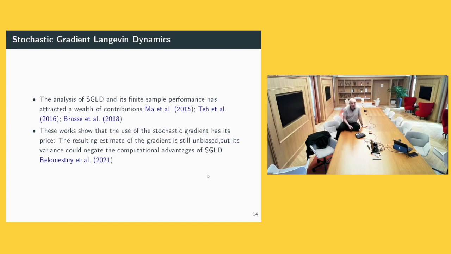We had a paper with Sergey, Alex, and Denis Belomestny, which appeared in 2021. But in fact we worked on that in Paris in spring 2019, in order to reduce the variance of the stochastic gradient in SGLD and correct the bias at convergence.